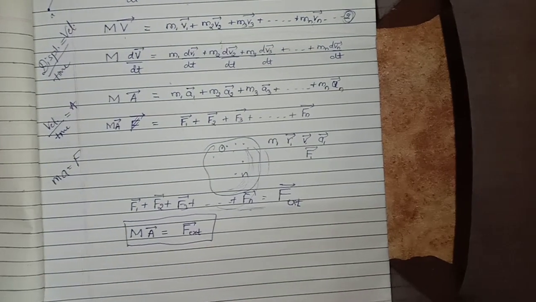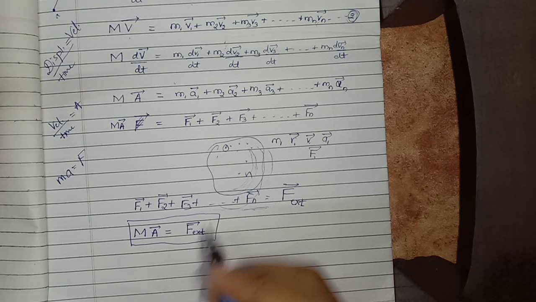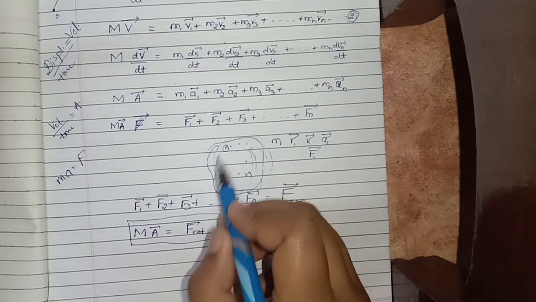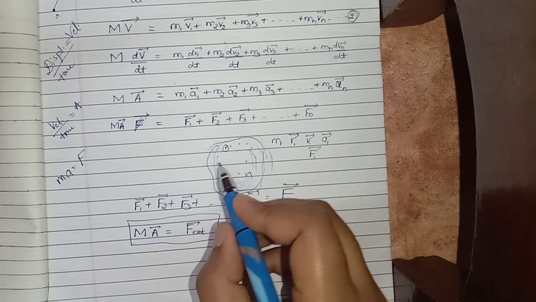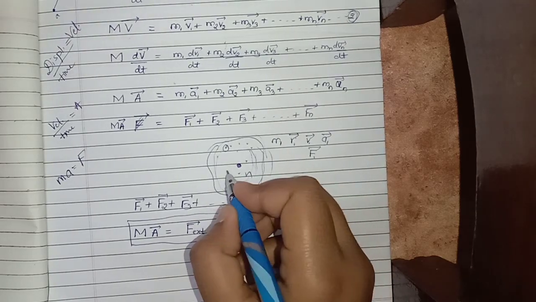So here we can conclude one statement: the center of mass of a system of particles moves as if the entire mass of the system is concentrated at the center of mass and all the external forces are applied at the center of mass. Understood? Here we are considering one system, and at the center we have one center of mass, CM.